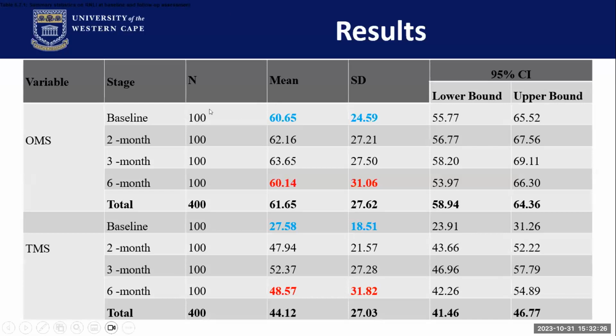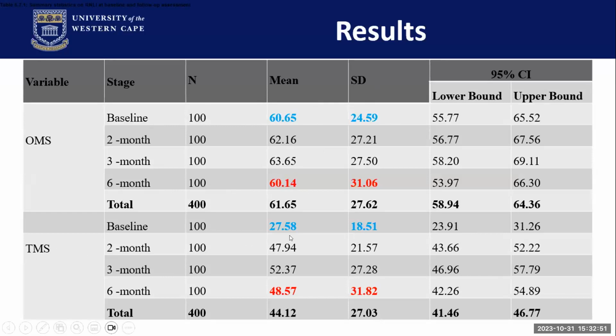So when you look at the results of the table, at the orthodox medicine setting, you realize that the mean of community reintegration was 60.65, it increased to 62.16, and then at 3 months, it increased again to 63.65. But at the 6 month follow-up period, it reduced to 60.14.